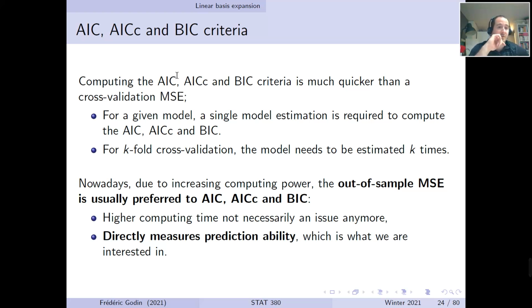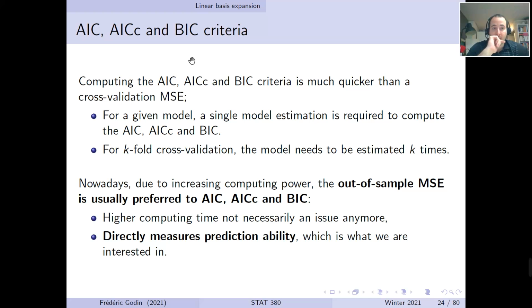Okay, so if you use tenfold cross-validation, for example, you need to train the model 10 times to get your MSE. Whereas for AIC, you need to train it once. Okay, so if you need to do a lot of computations pretty quickly, it might be a reason to favor these more traditional criteria for model selection.